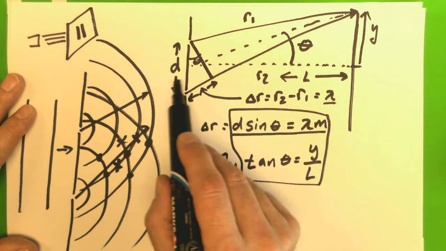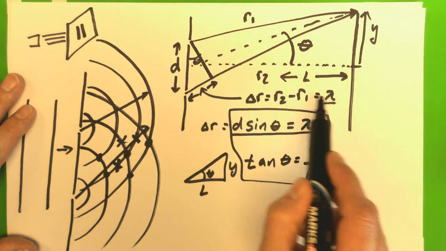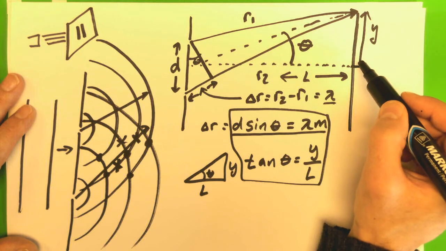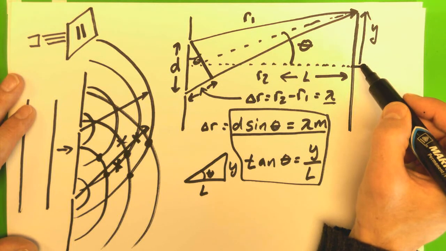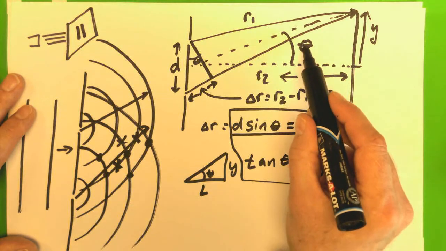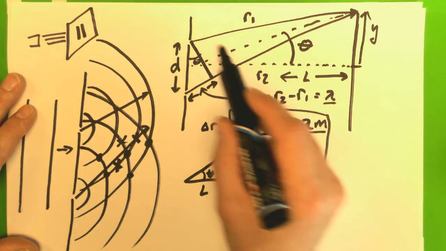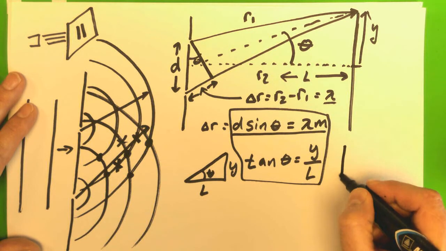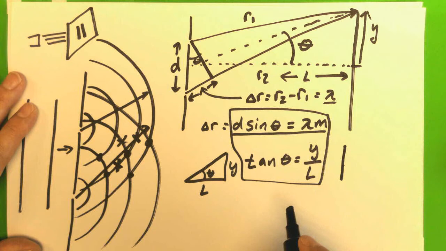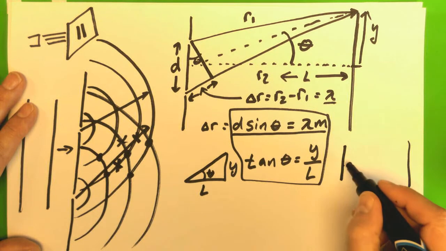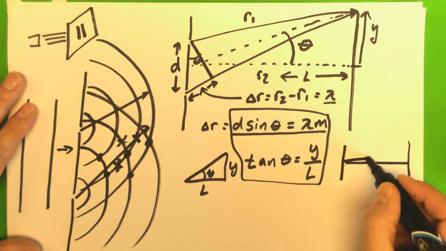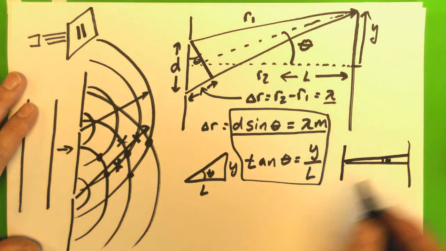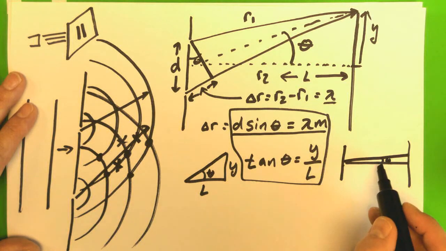So if the screen is many centimeters away, even meters away, and this is not very far, we're talking millimeters to maybe centimeters, then this theta is a really small theta. It's super small. I've totally exaggerated it here. So if I were to redraw that experiment, my slits are so small I can't even see them. And I'm over here, and I get this really narrow triangle, and theta is super small. Okay, you can't even draw it. That's my super small theta.